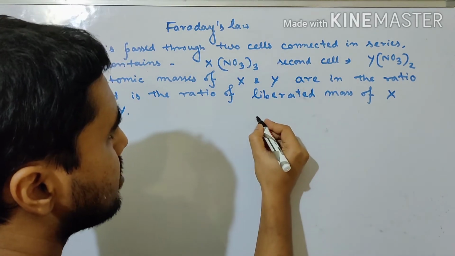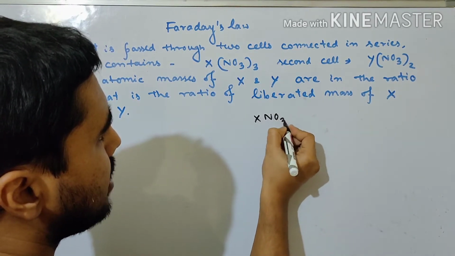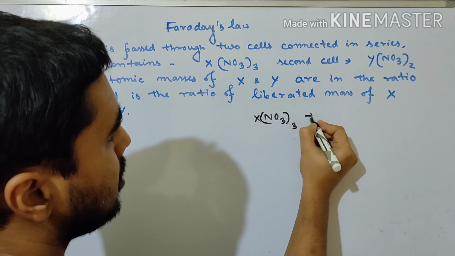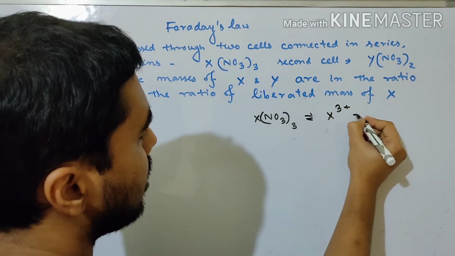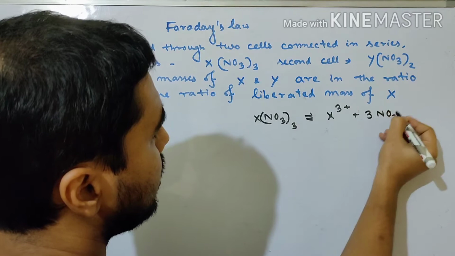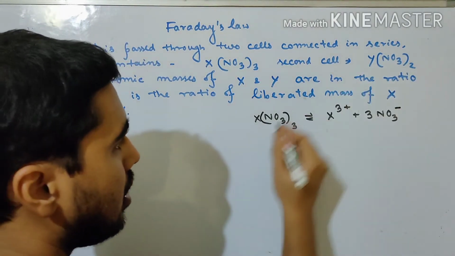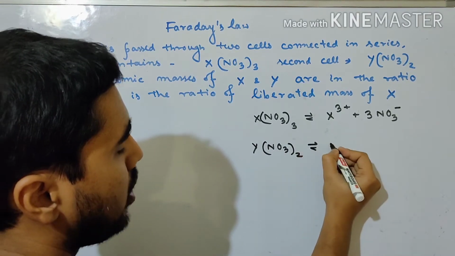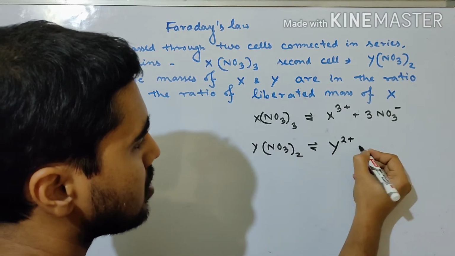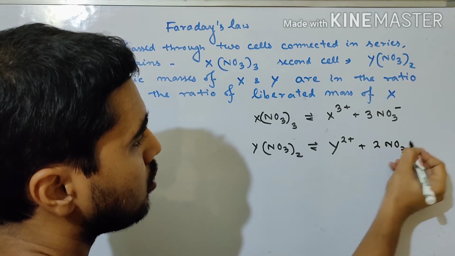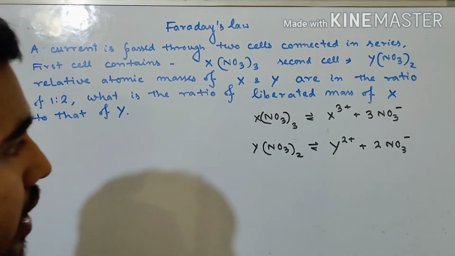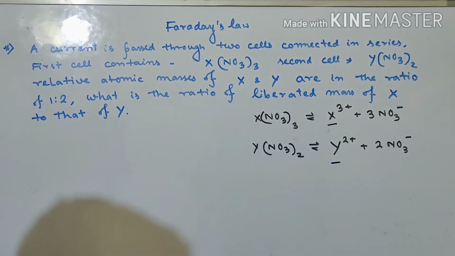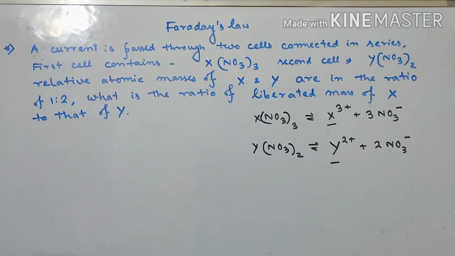X(NO3)3 will give rise to X3+ and 3NO3-. Similarly, Y(NO3)2, on dissociation, will give rise to Y2+ and 2NO3-. Having said that, we have generated two cations, one having 3+ and another 2+.